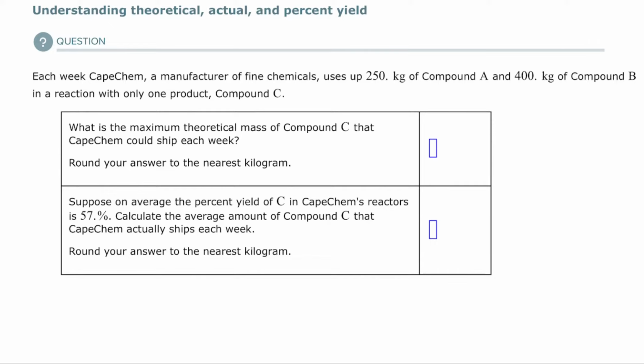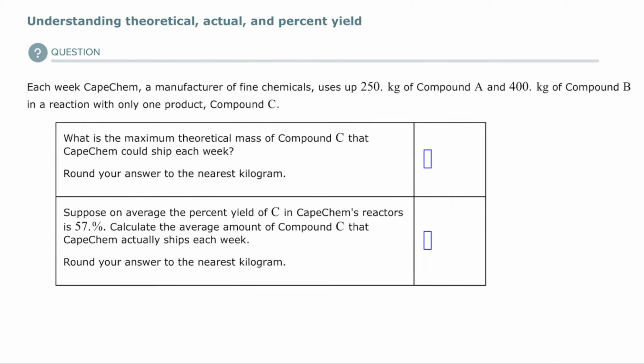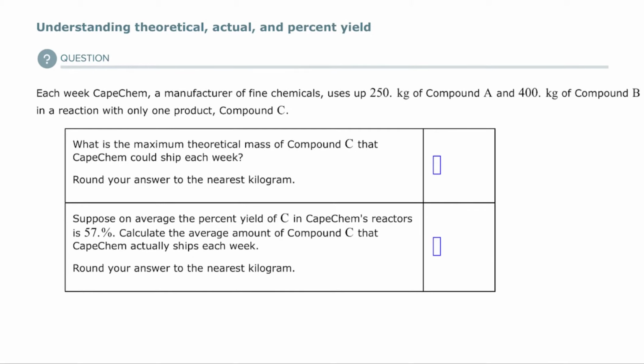So I've got 250 kilograms, and I'm going to add that, that's A, and 400 kilograms of B. When I add that up, I'm going to get 650 kilograms total.